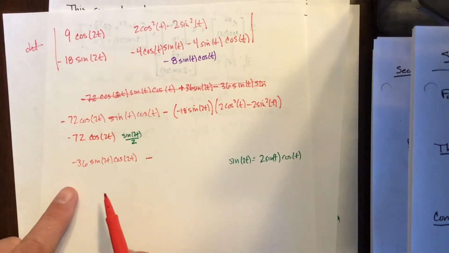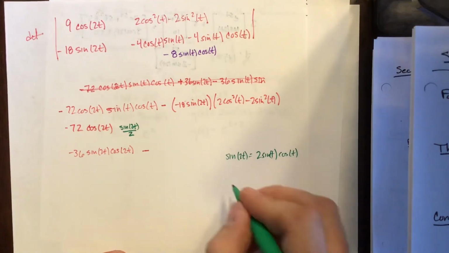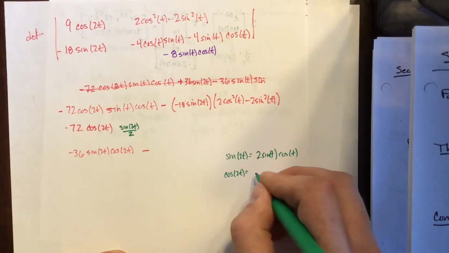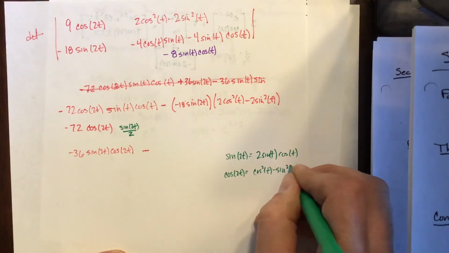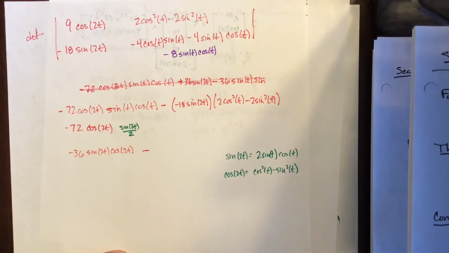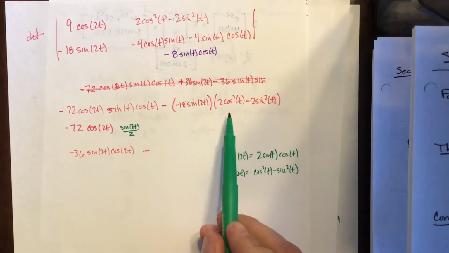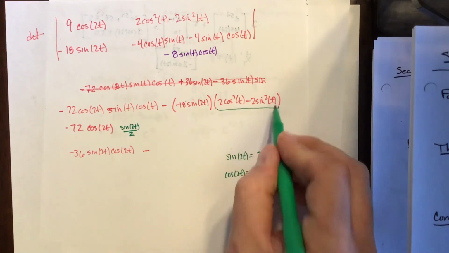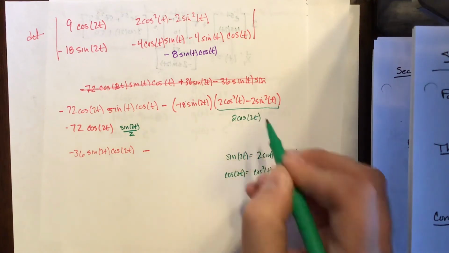Okay, so that's here on the left-hand side. What do we get that's on the right-hand side? There's another trig identity that says the cosine of 2t is cosine squared t minus sine squared t. You can see that on the screen. So if you look at this, this is 2 times that. So I can replace everything here with 2 cosine 2t.